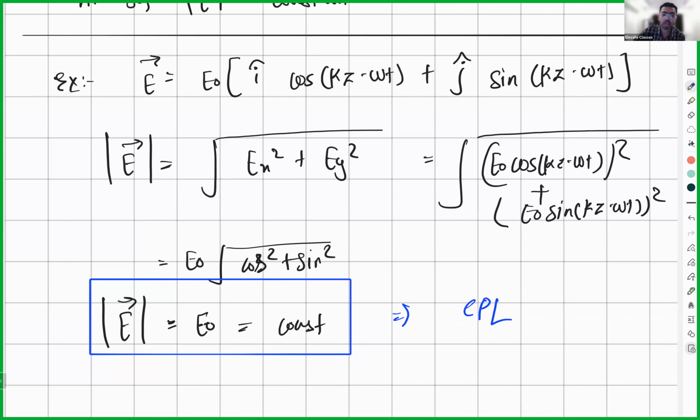It might be a circularly polarized light, because we are not yet able to say that it is rotating in a circle. But because the magnitude is constant, we can say that it might be circularly polarized.